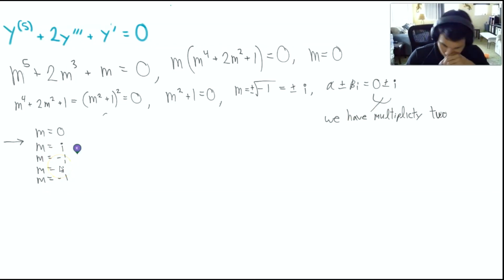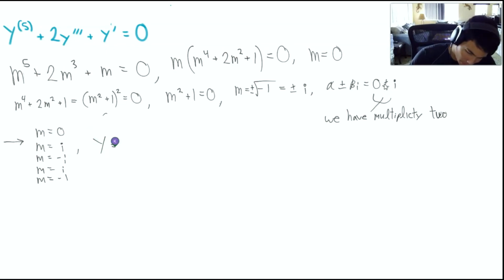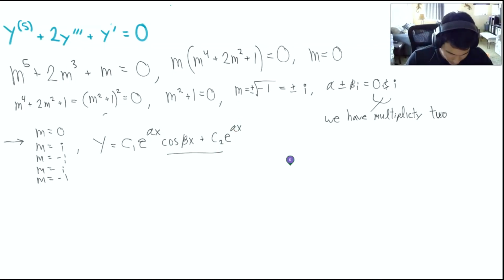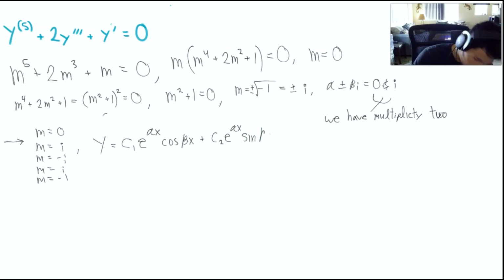Okay, now the formula for this case, where we don't have real numbers, so we write it as y is equal to e to the alpha x, one second. Don't forget your constant, c1 e to the alpha x cosine beta x, plus c2 e to the alpha x sine beta x.